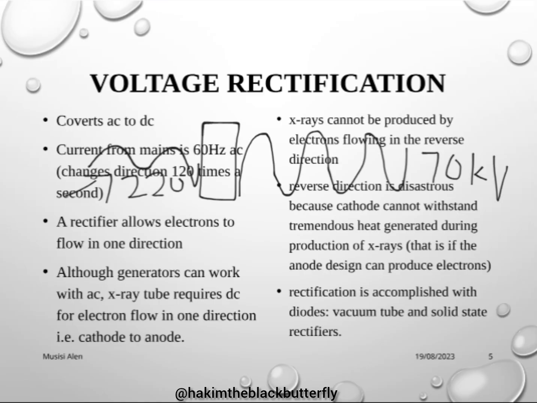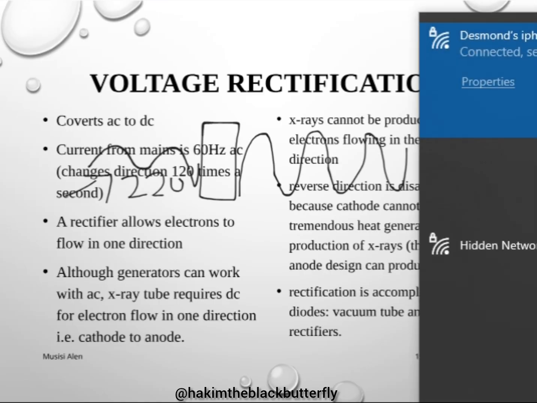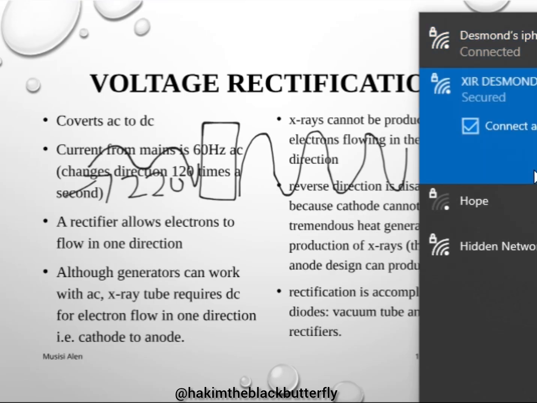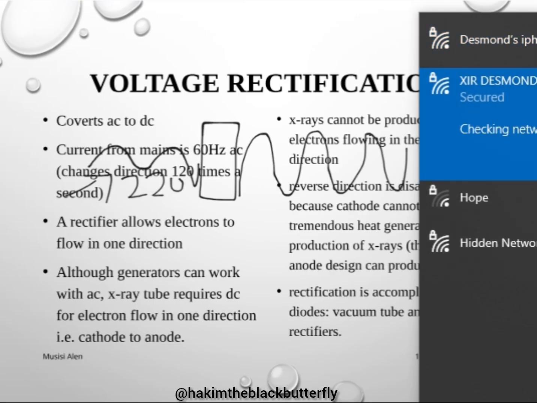So when this voltage goes through rectifiers first, these rectifiers only allow electrons to flow in one direction. So although generators can work on AC, the X-ray tube requires DC for electron flow in one direction.